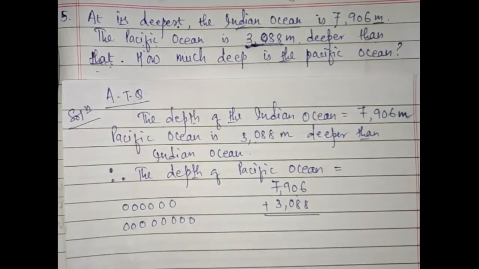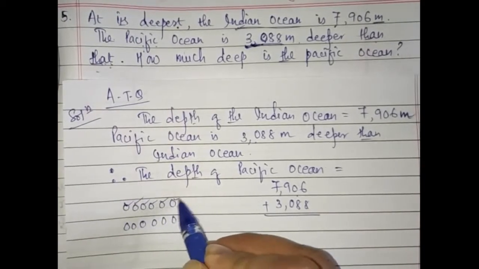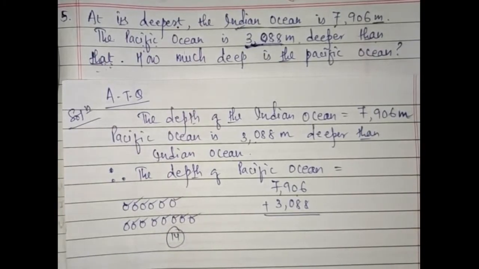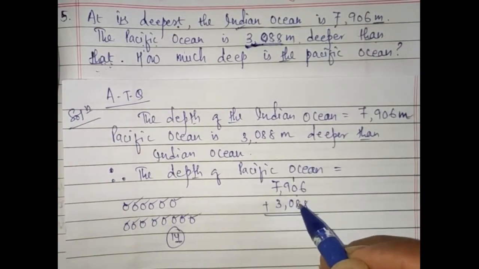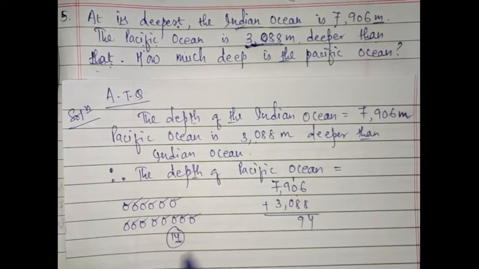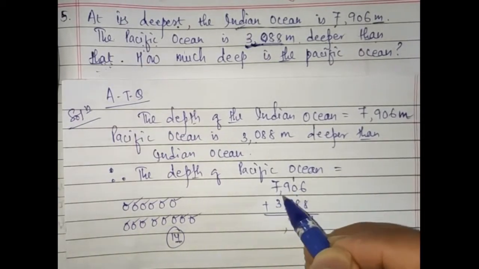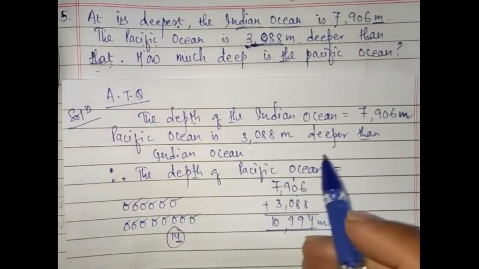So when you count this, how many? 1, 2, 3, 4, 5, 6, 7, 8, 9, 10, 11, 12, 13, 14, right? So it is 14. You have 4 here, so we will write 4 here. What is the remaining here? 1. So 1 plus 0 is 1, and 1 plus 8 is 9. Nothing in hand. So 9 plus 0 is 9, and 7 plus 3 is 10. So how deep is the Pacific Ocean?